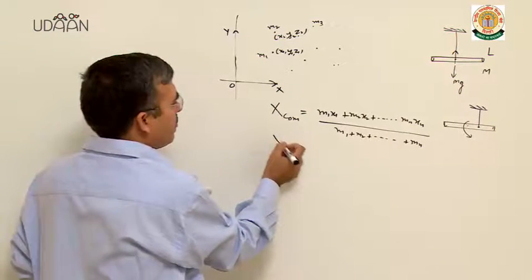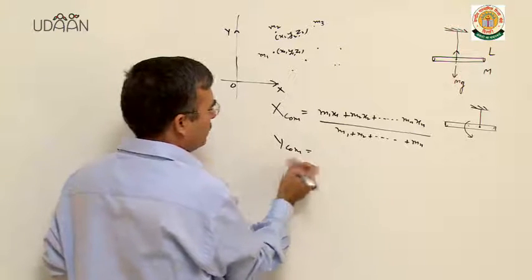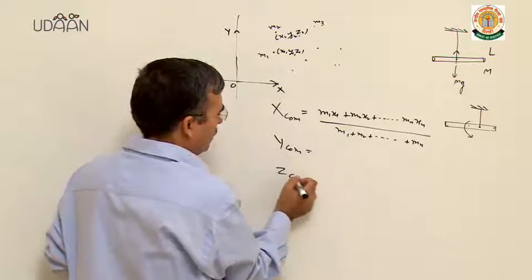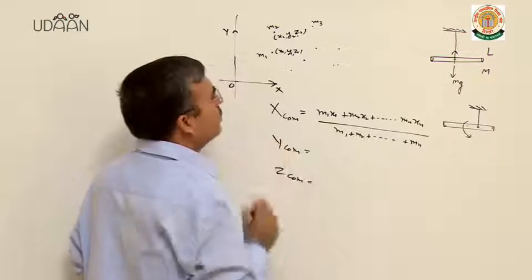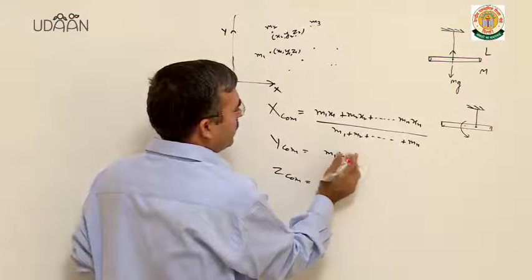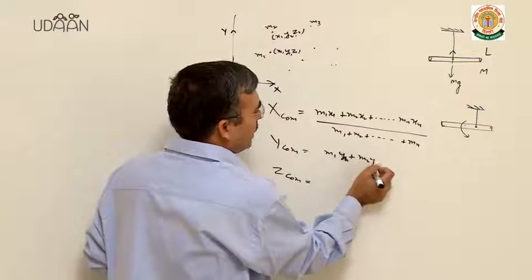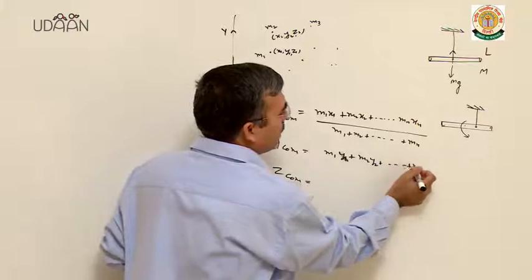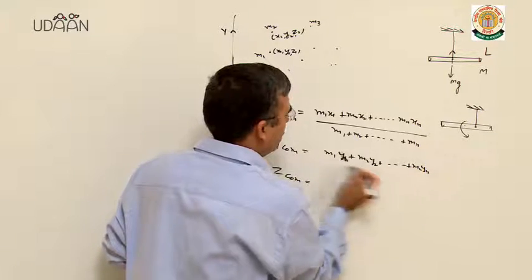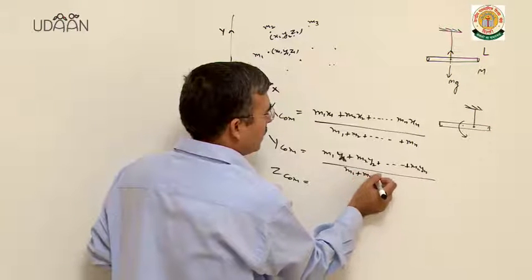Similarly, y COM and z COM: y COM is m1 y1 plus m2 y2 and so on plus mn yn divided by the total mass of the system.